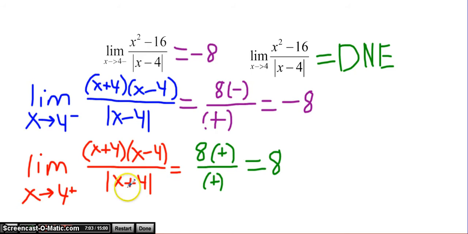This term is going to be the same value and positive. So these two divided by each other will become 1, and then this will become close to 8. So the limit as x goes to 4 from the right is going to be 8. Therefore, the limit as x goes to 4 does not exist, because from the left it approaches negative 8, from the right it approaches positive 8.